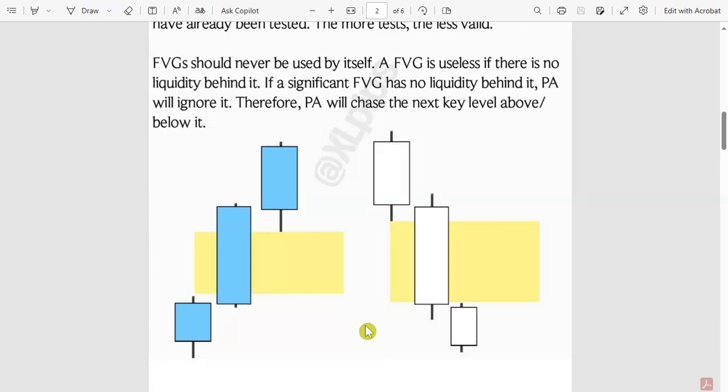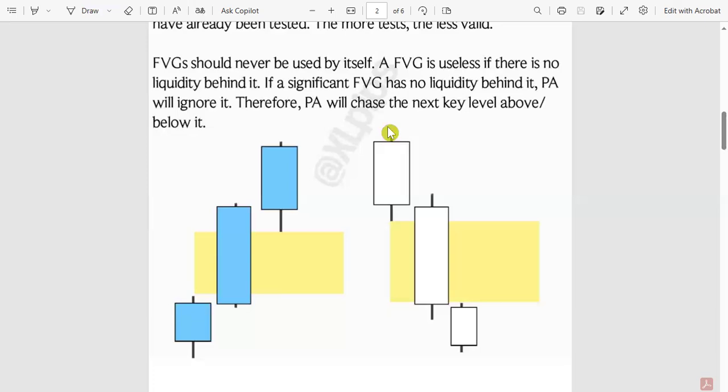And it's also more important if there is another overlapping point of interest. It can be an order block, a breaker block, a mitigation block, or a reclaimed order block. So it depends on the type of entry that you most of the time like to use.